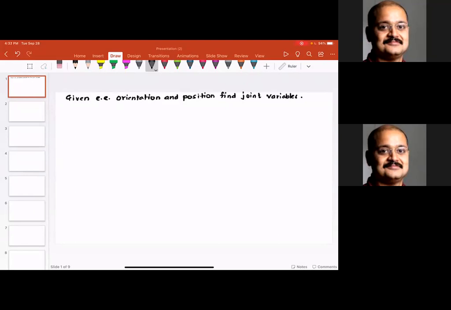be realized. So what I'm going to do is work out the same problem that we started with. But now I will first draw the kinematic diagram. So I have a robot with two revolute joints, and this robot looks something like this.